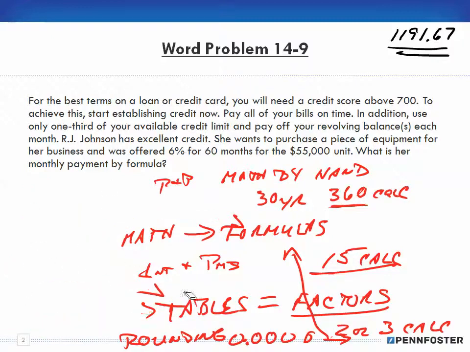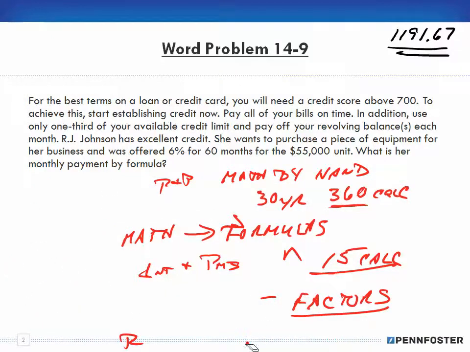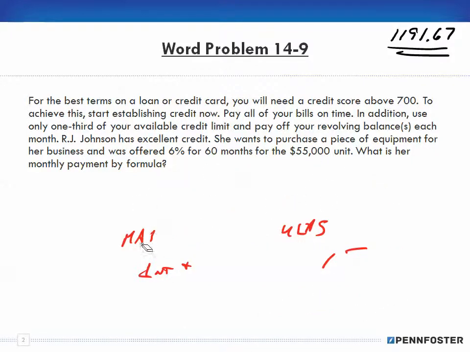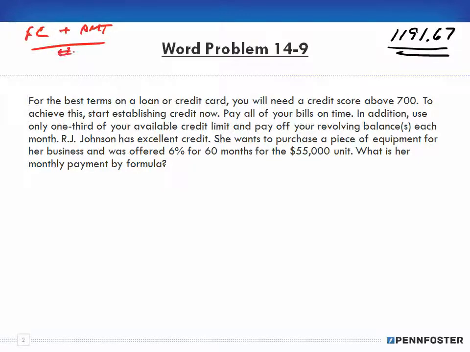So with that said, here's where all of the rub comes in. It says here, we do this by the formula. And we did the very, very simple formula: the finance charge plus the amount financed over the number of payments. And we had interest equal to principal times rate times time, and we ended up with that number. The reality is that we were already presented a formula previously in one of our other chapters.